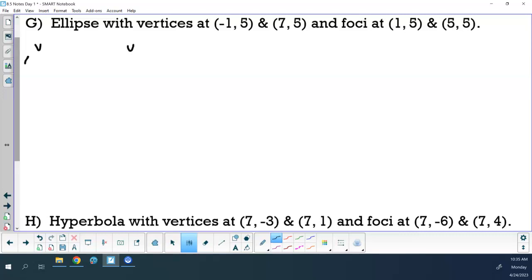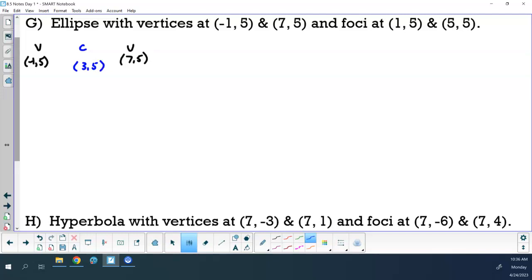So that one's going to be at negative 1, 5, and this one's going to be at 7, 5. Halfway in between them would be the center. So the center would be at what? 3, 5. That makes it 4 to each side.